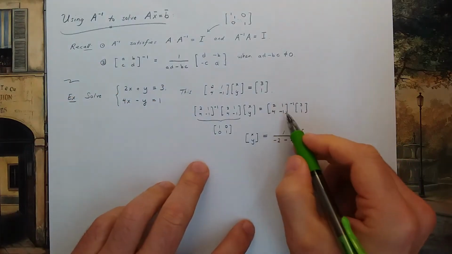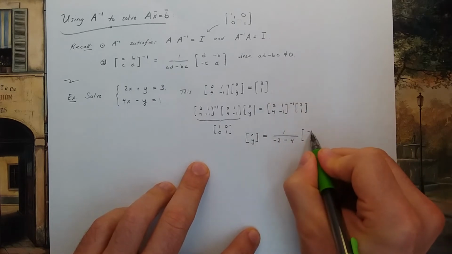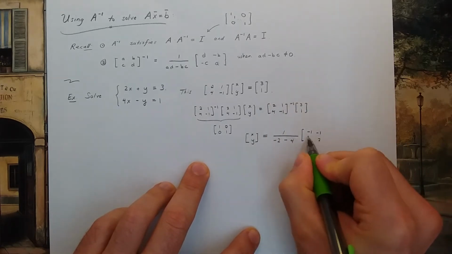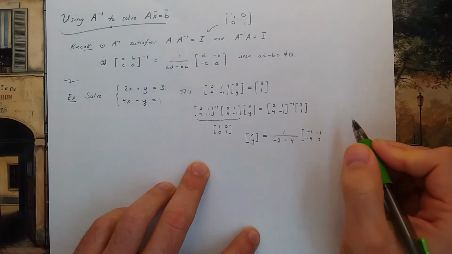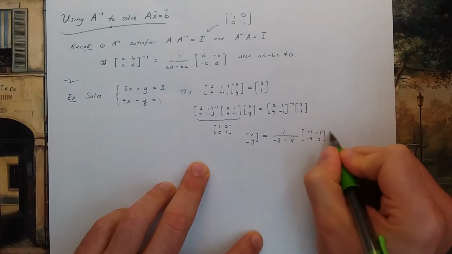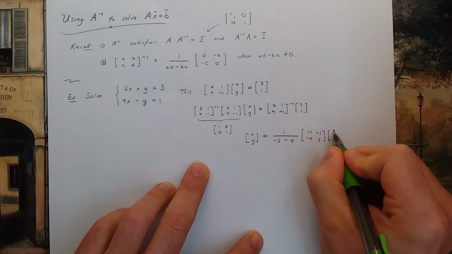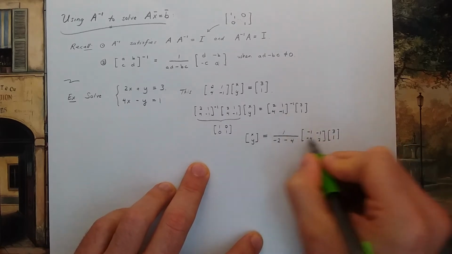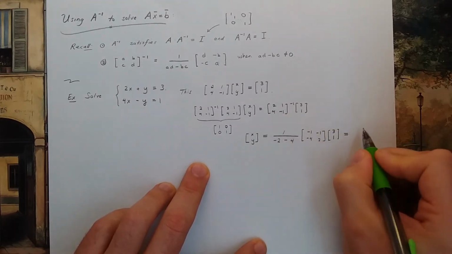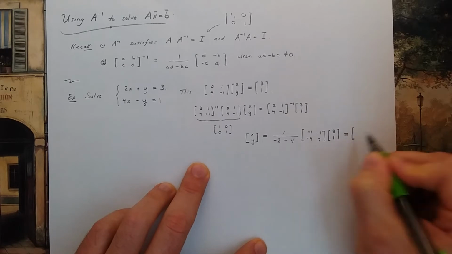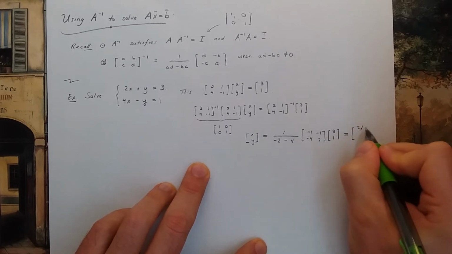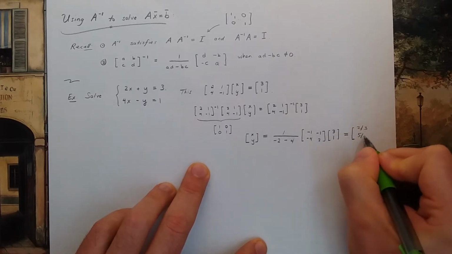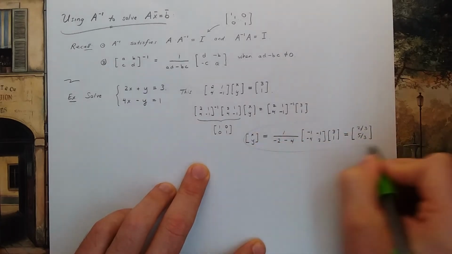The formula would be to swap these two entries, so negative 1, 2, and put negative signs here, negative 1, negative 4. And I'm going to multiply that times the vector (3, 1). So then you could do this matrix multiplication, and I believe if you do the calculation, I'd get 2/3 and 5/3. So this is my answer.